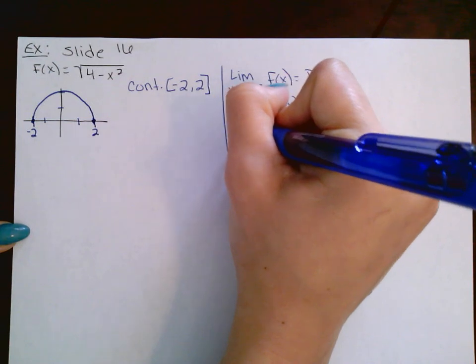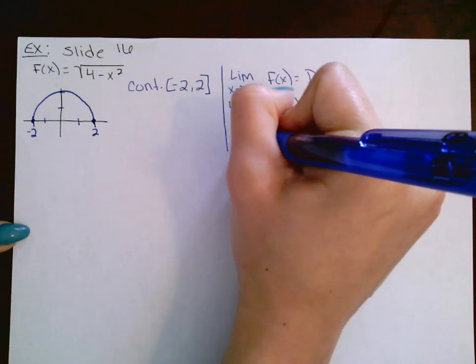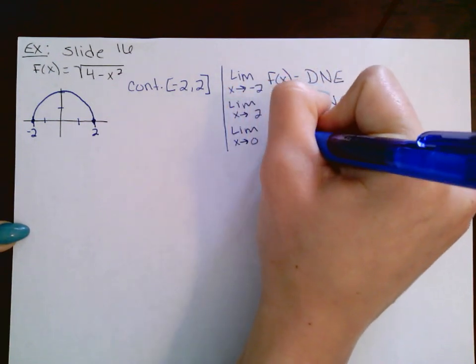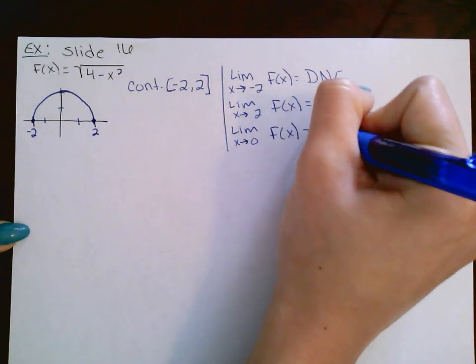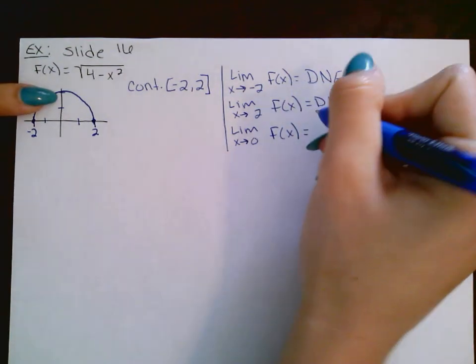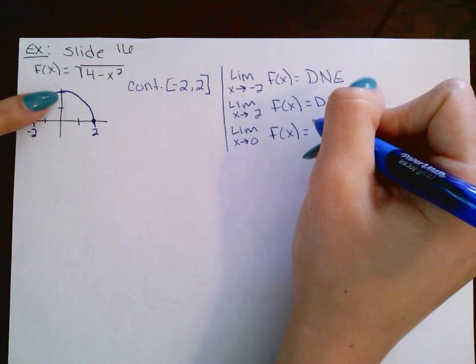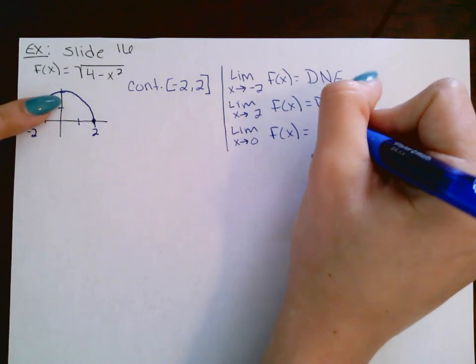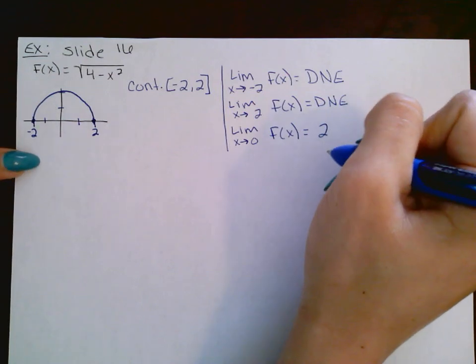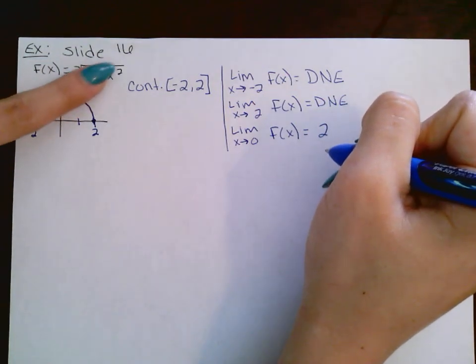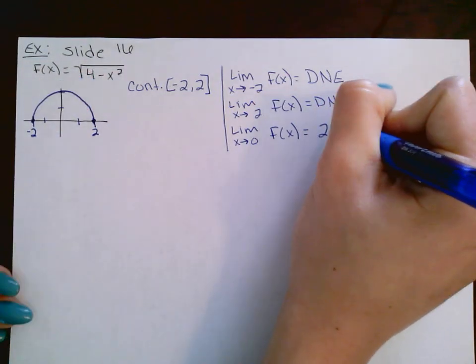And then if I give one more random example, again, you wouldn't have to come up with these on your own. I would ask these of you. At 0, I am coming from the right and from the left. I'm going to the same place, which visually on the graph I could see is 2. But if not, you could plug in 0 here. It would cancel this portion out. You'd have the square root of 4, which also equals 2.